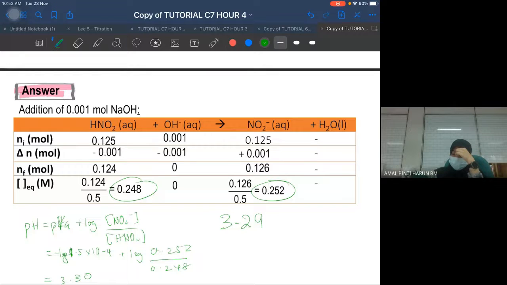Okay, when we add strong base, it increases to 3.30. Increase kan? Tapi sangat sedikit lah. Increase by 0.01. So we can say that this buffer is able to maintain its pH.